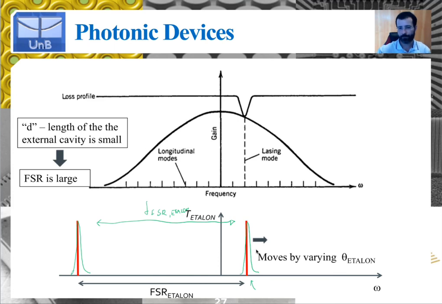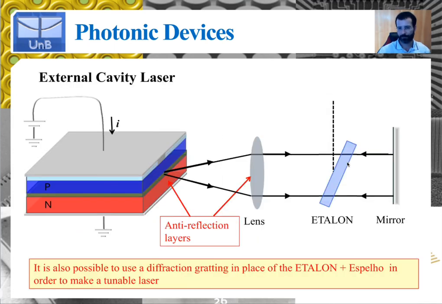And if you vary the angle of the etalon that we've discussed, so basically this angle theta right here with respect to the vertical direction, by varying this, note that you're varying the length of the cavity, the length of the etalon itself, right? If the etalon is perpendicular, or theta is equal to 0, you have a smaller length.